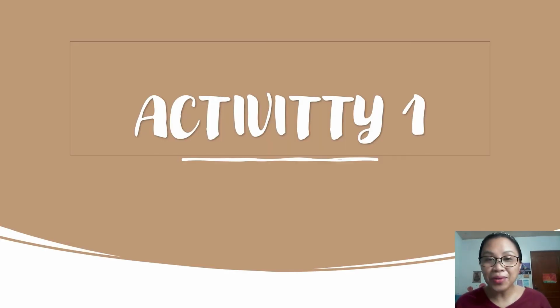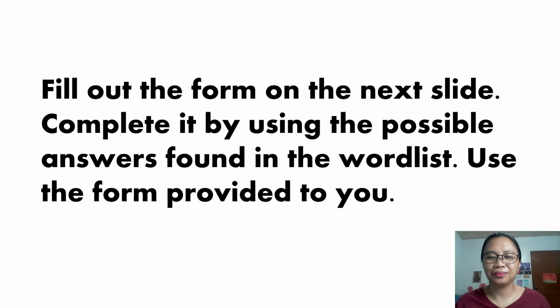So are you ready to have an activity? So let's have this Activity 1. All you have to do is to fill out the form on the next slide. Complete it by using the possible answers found in the word list. Use the form provided to you.